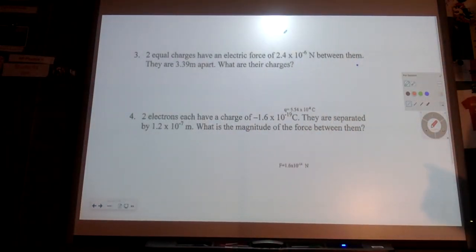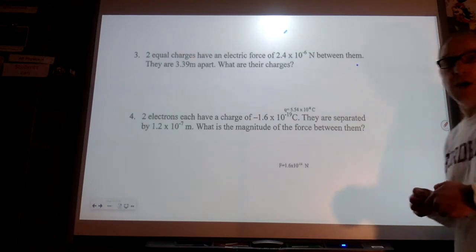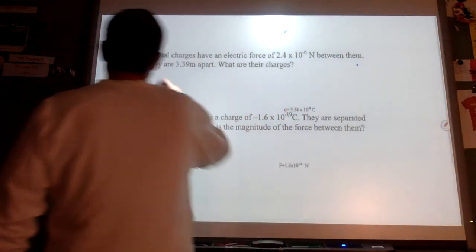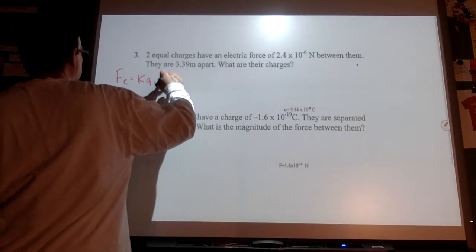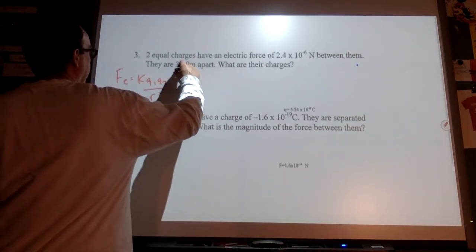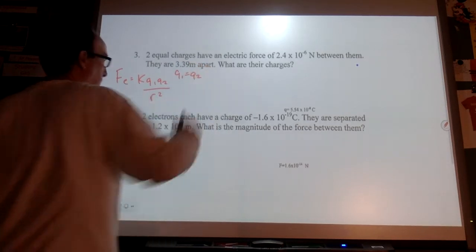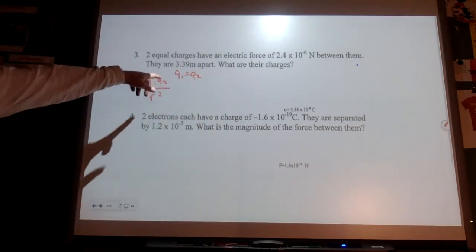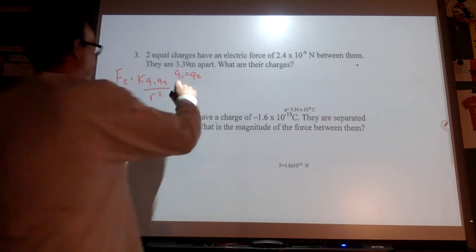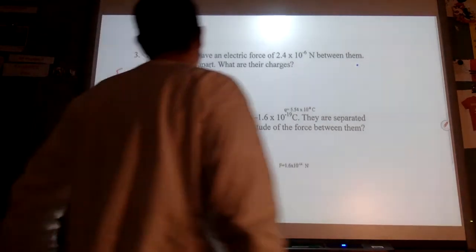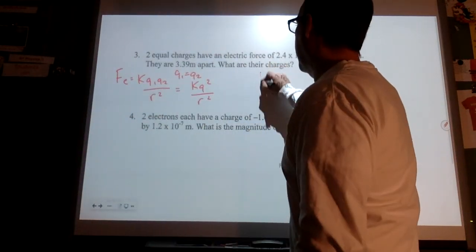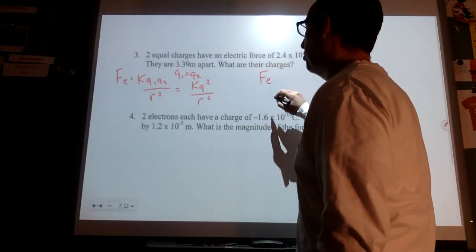Two equal charges have an electric force of 2.4 times 10 to the negative 6 newtons between them. They are 3.39 meters apart. What are their charges? So the big thing here is that their charges are equal. So I can rewrite this as K Q squared over R squared. So I'm going to get Q by itself.